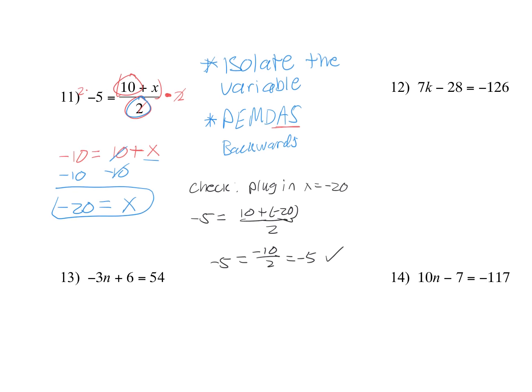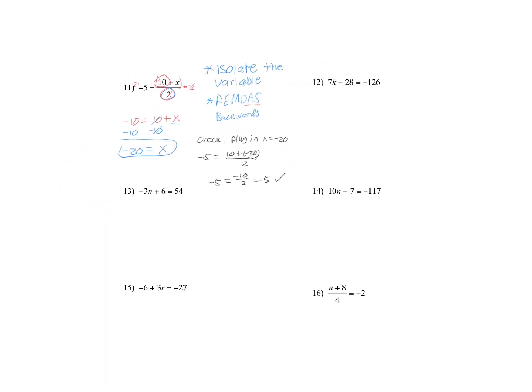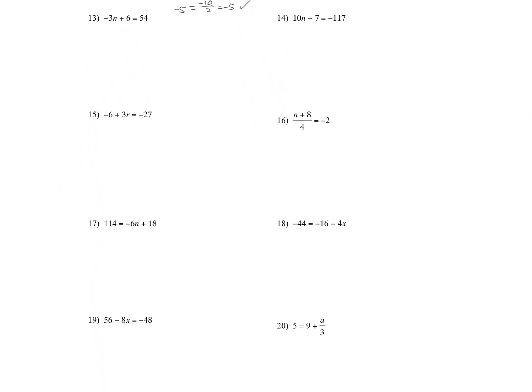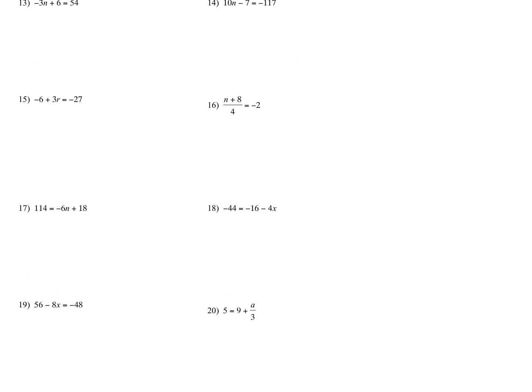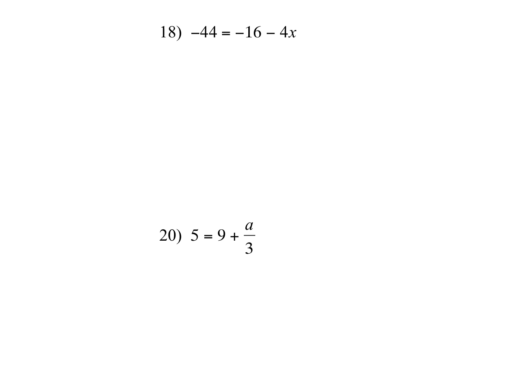All right, so now I want to try another one that's not similar to that. So let's jump to number 20 right here. We see 5 equals 9 plus a divided by 3. In this case, the 3 is only dividing the a. It's not dividing the 9 plus the a.